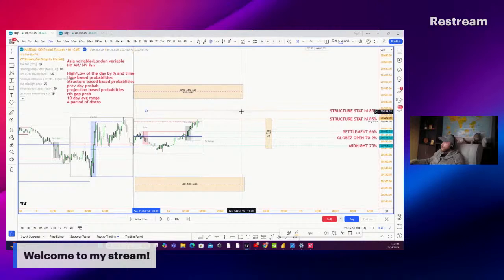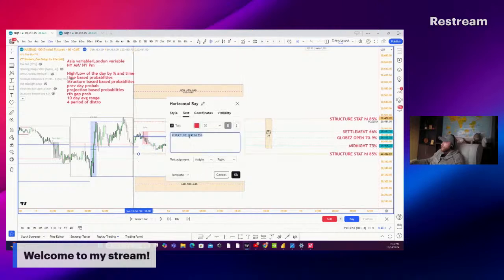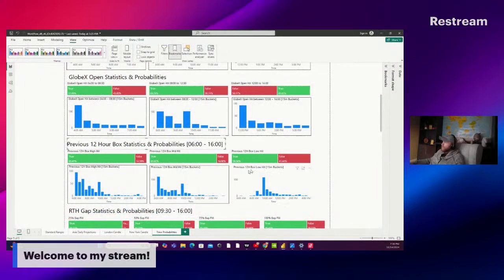And we'll do a structure stat low, and we can see the structure stat low has a 58% probability of being returned to.